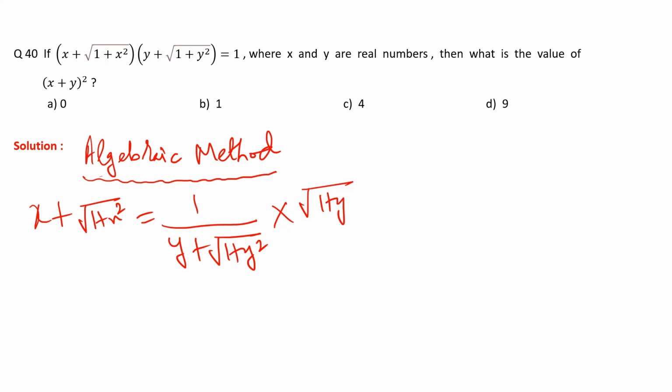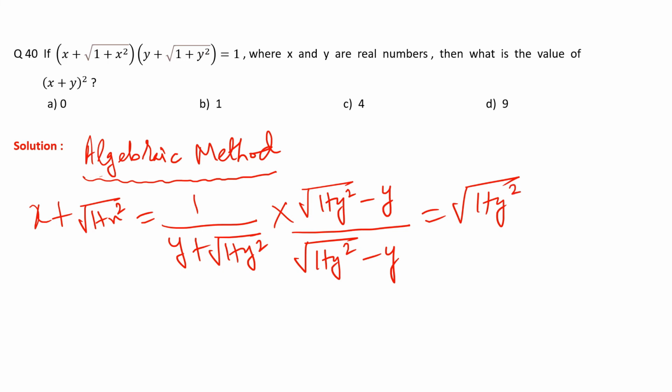So, we'll be multiplying up and down by square root of 1 plus y square minus y. It becomes square root of 1 plus y square minus y divided upon 1 plus y square minus y square. I have applied identity of a square minus b square in the denominator.